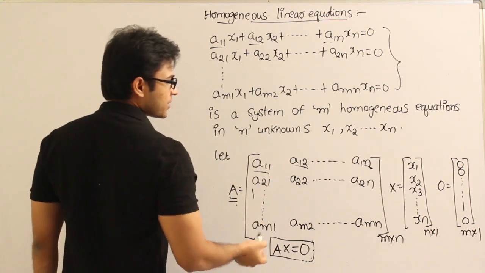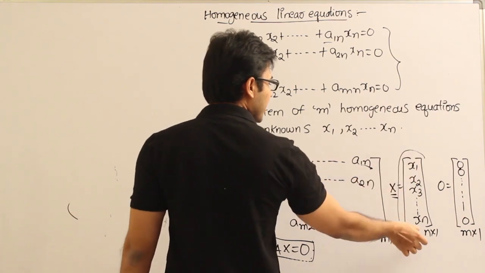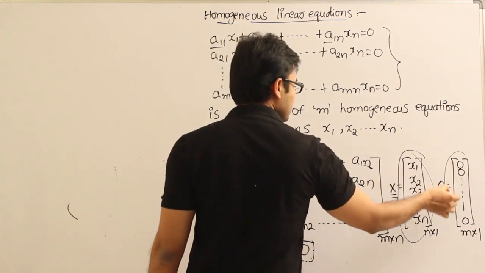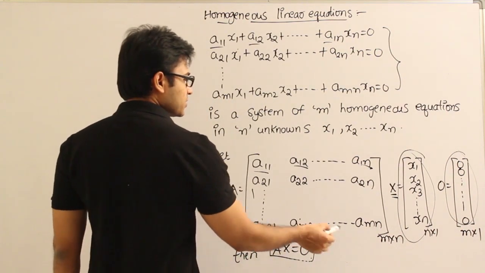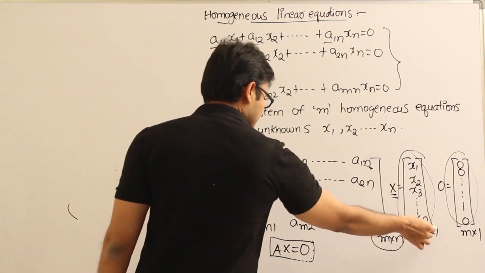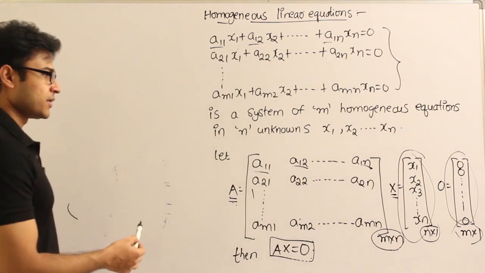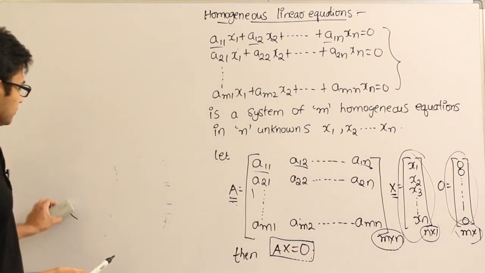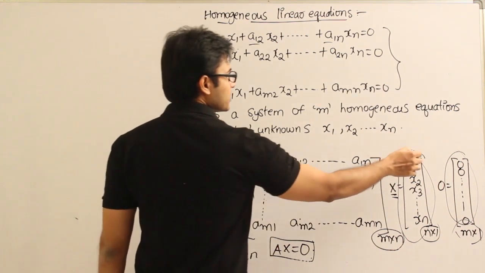And then X is the variable matrix and the O is the zero matrix. So A is a coefficient matrix whose size is m by n, X is a variable matrix of size n by 1, and this O is the zero matrix. Okay, so our final aim is to find the values of this.